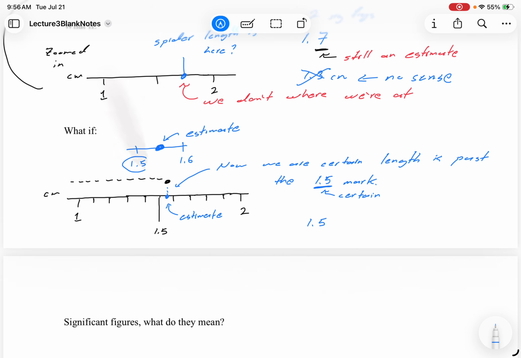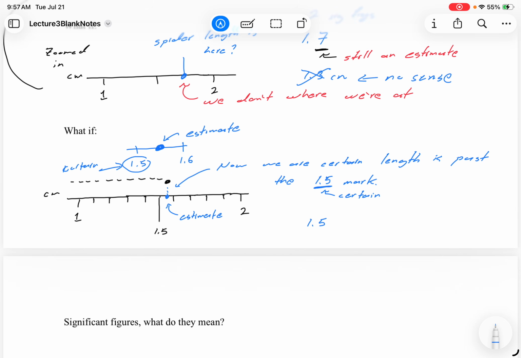But we are certain we are over 1.5. We are certain about that. So this won't change. We know that it's 1.5 regardless. It's always going to be 1.5.